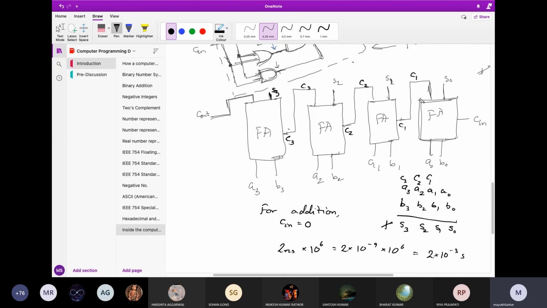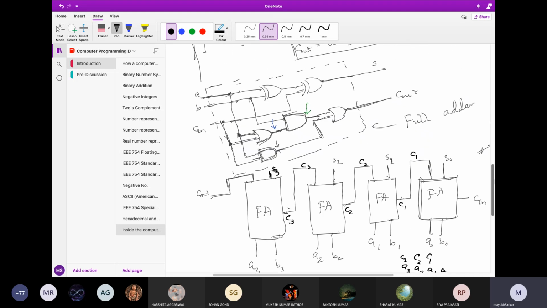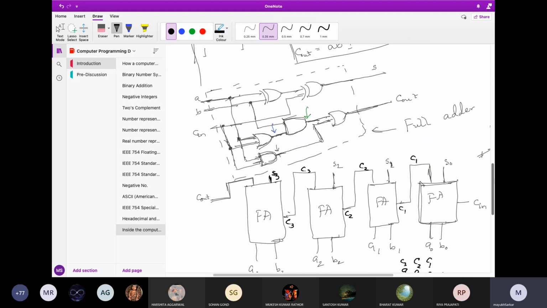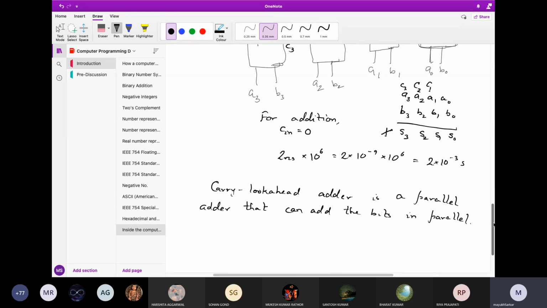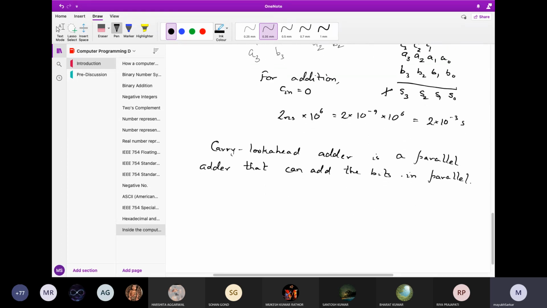From there you can create another circuit like this, but that circuit is extremely complex and highly advanced. So I'm not going to discuss it here, but it allows you to calculate the carries in advance. Whatever 4-bit numbers you give, it will calculate the carries in advance and then produce the sum.